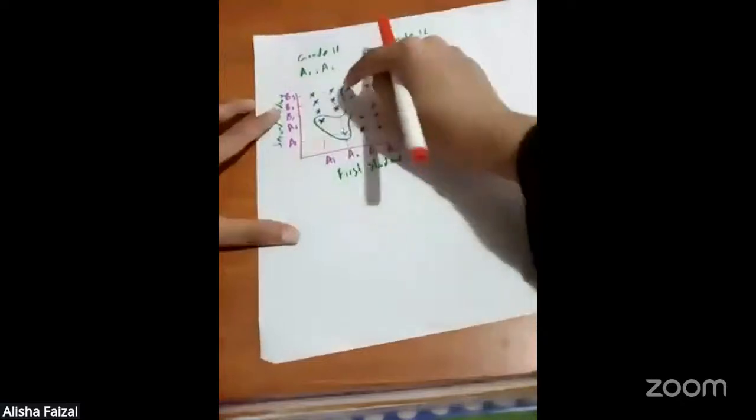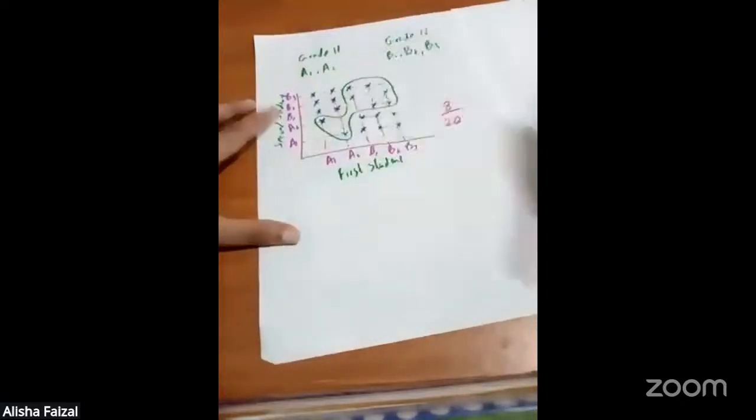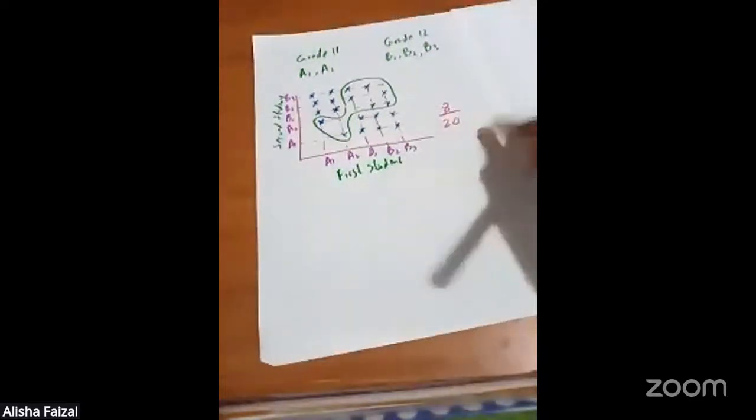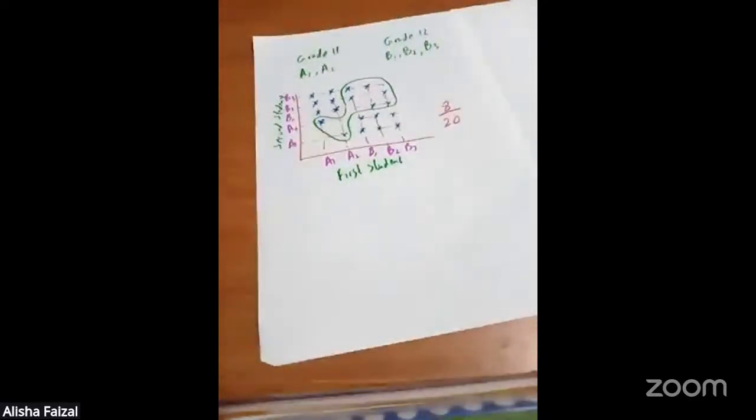And here 1, 2, 3, 4, 5, 6, 7, 8. So 8 over 20. You can further simplify or leave the answer like this. They give marks for both. Clear?